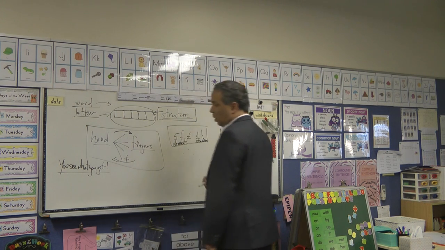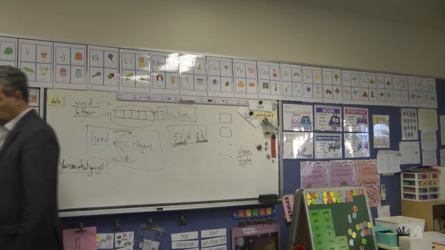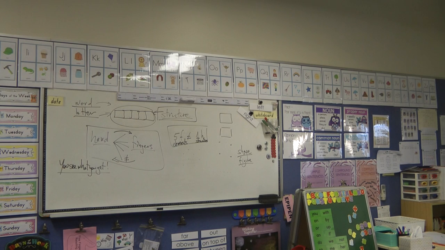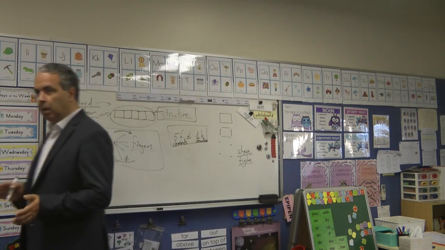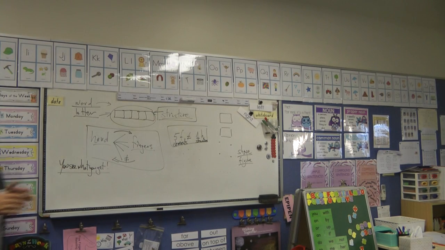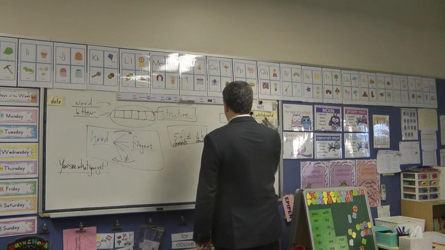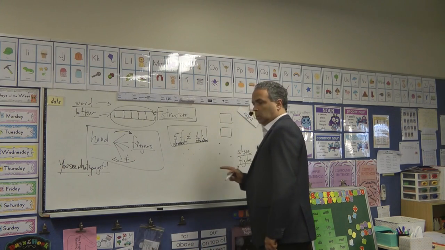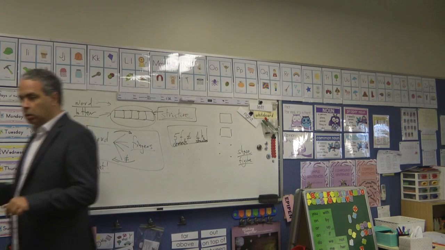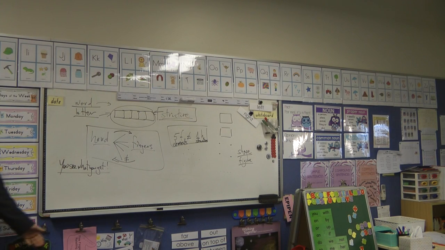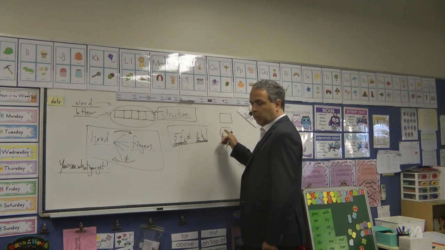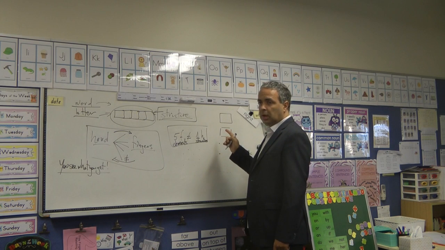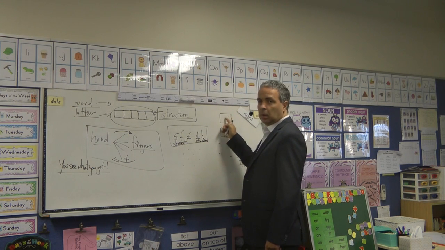So, I want to find the difference. So, you see the difference between shape and figure. So, for example, here I have the shape of a square, but it's not a square. Here I have the shape of a square, but not a square. Okay? So this one is a square.